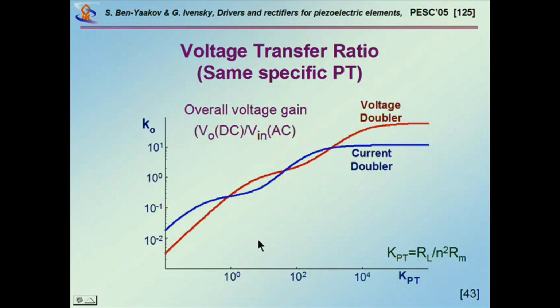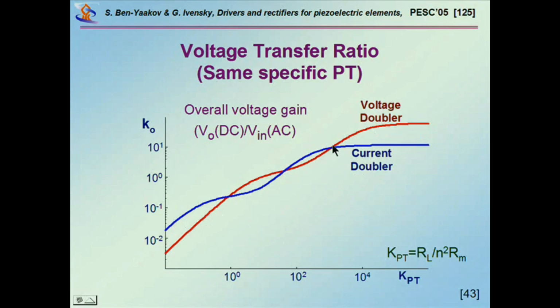If I plot the gain, the DC output to the input AC voltage, what I'm trying to do is compare the voltage doubler to the current doubler, the two types of rectifiers. And I'm finding something which is a little bit strange, but that's the way it is.